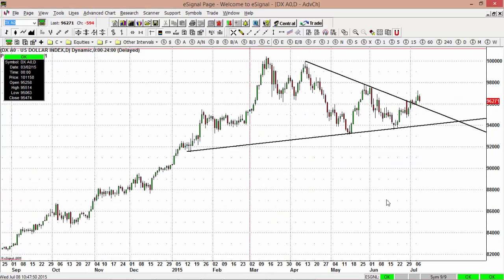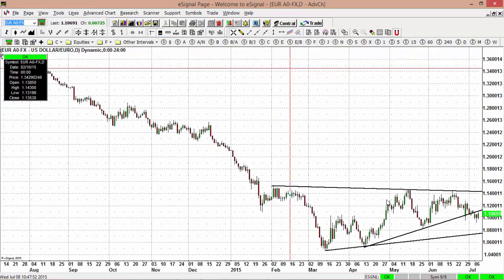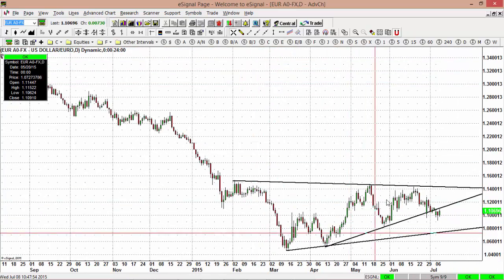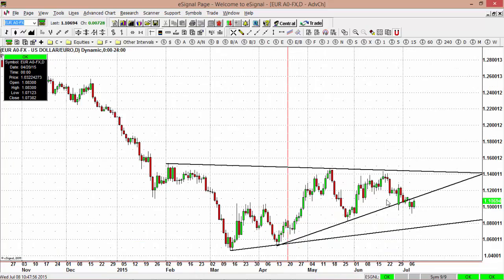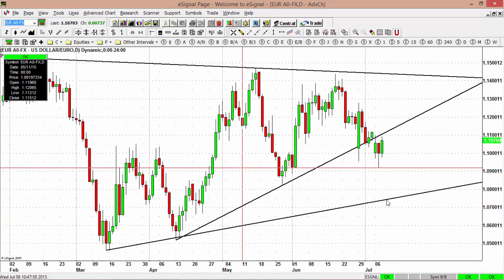And so let's take a look at the individual currencies. What we see here is the euro. We had our consolidation pattern, and the euro, similar situation to the dollar index. The market broke down out of this consolidation pattern, and this could just be a retest of the trend line.